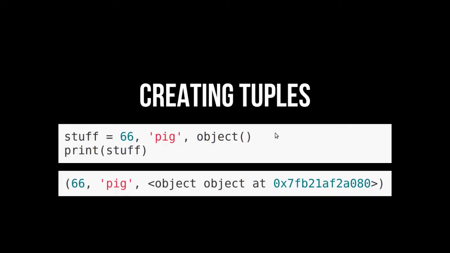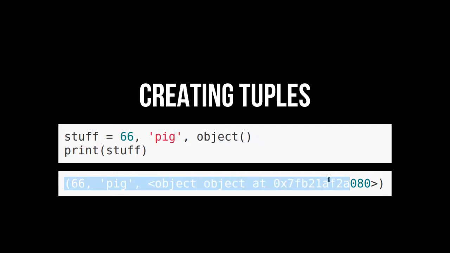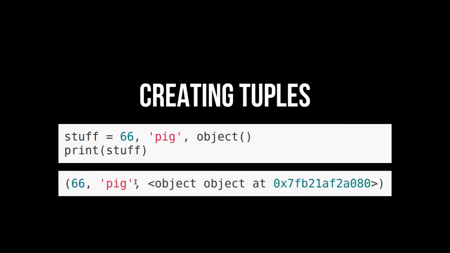Okay, so here we go. We're going to be creating a tuple. There's two basic ways to do it. We've got our stuff here. This is the same one we used before with our list, but we're actually making a tuple with it this time. So we've got 66, the string pig, and just an object. And here we go. If we print it out, this is the way it looks. If you just print out a tuple, it gives parentheses instead of the brackets you will see with a list.